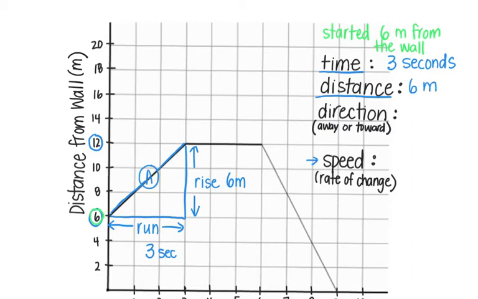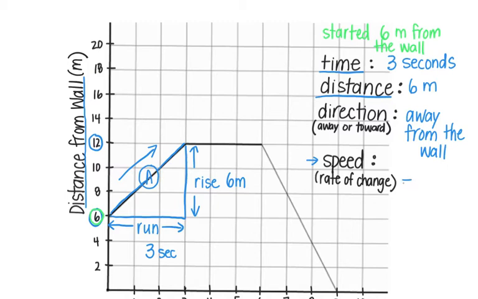In terms of the direction, since it's a positive correlation or an increase, we know that the distance from the wall is increasing, or the person is traveling away from the wall. We can use this information to figure out the speed.